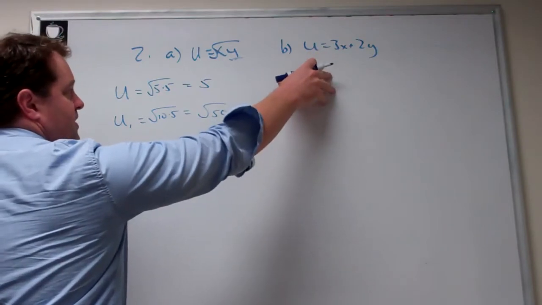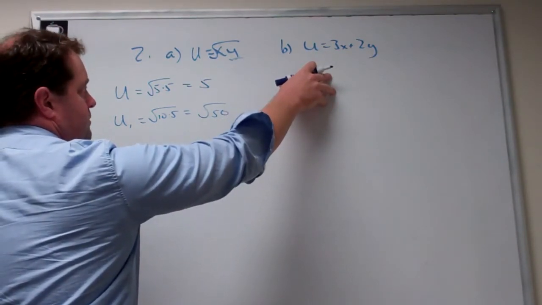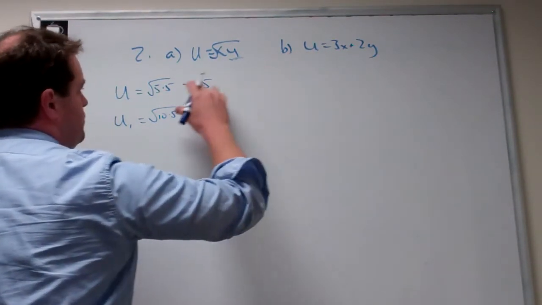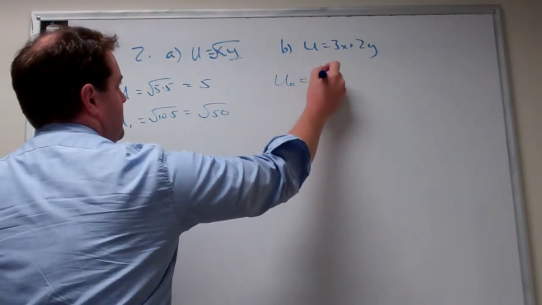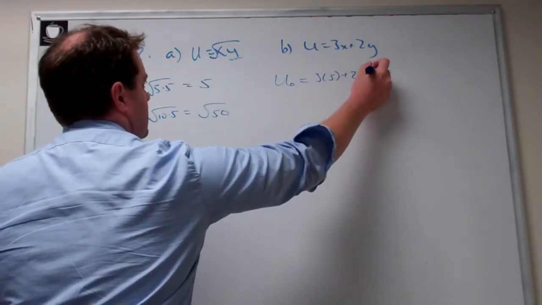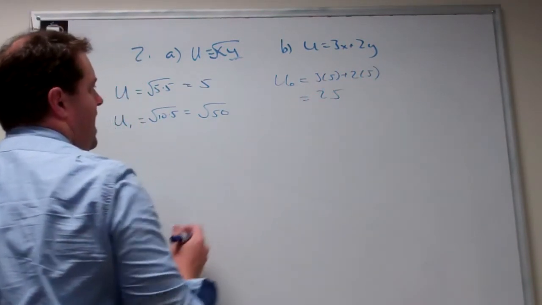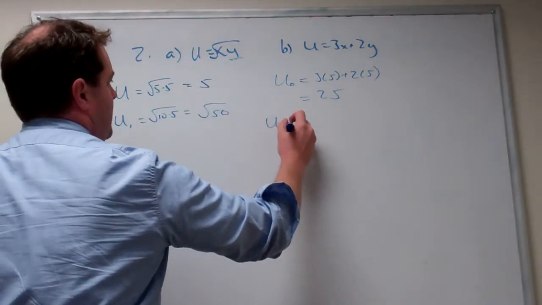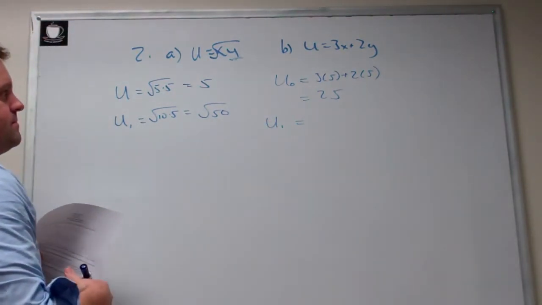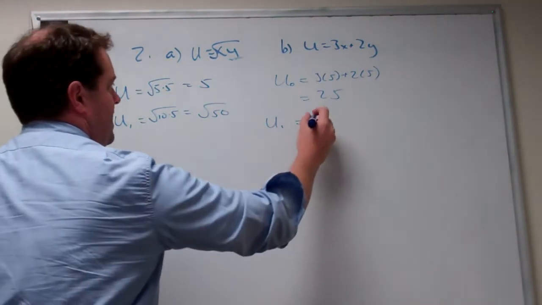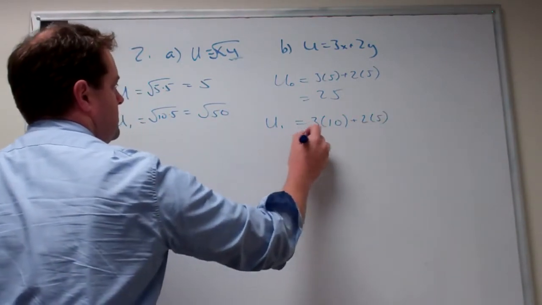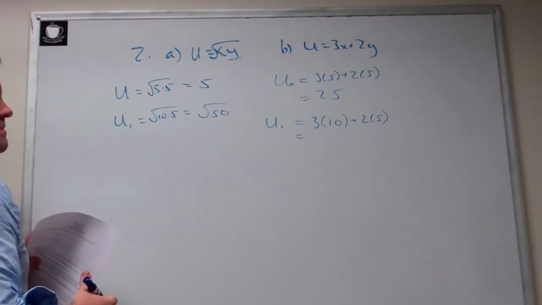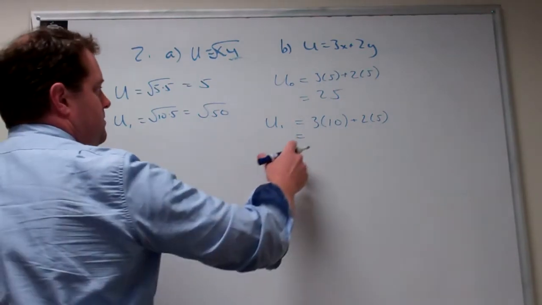So here I have a perfect substitute utility function, and when the consumer has 5 units of X and 5 units of Y, utility is 25. And then when the amount of X that the consumer has doubles, utility also changes by a commensurate amount.